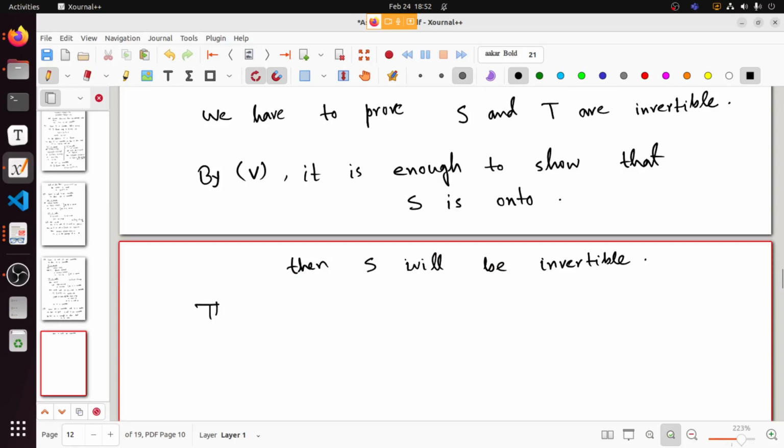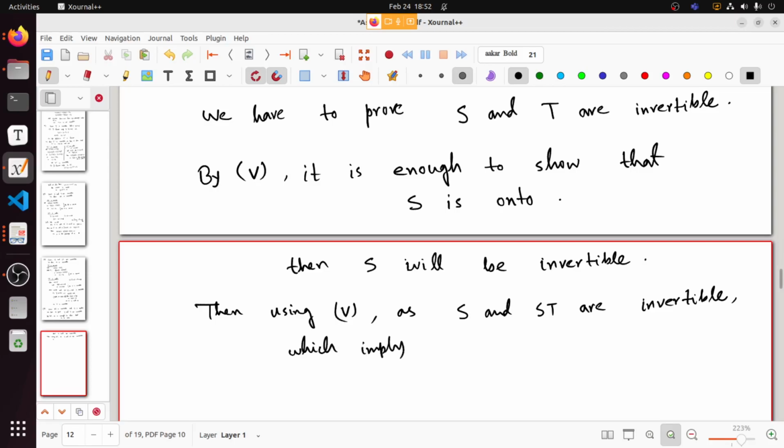And then using 5, as S and ST are invertible, which will imply T is invertible.